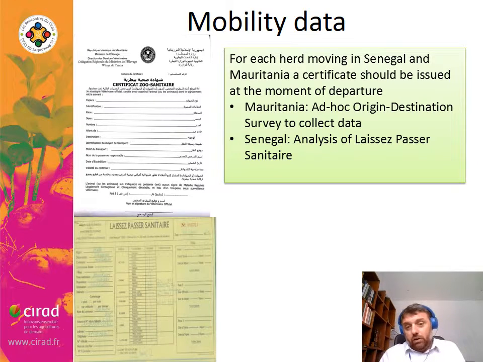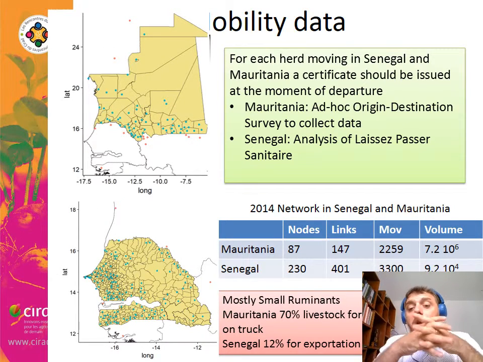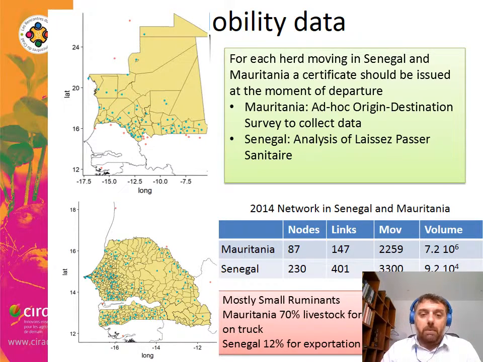Now, using this information, we have been able to reconstruct the mobility network in Senegal and Mauritania. In these two maps, the points represent all the villages that we have found in the document analysis.